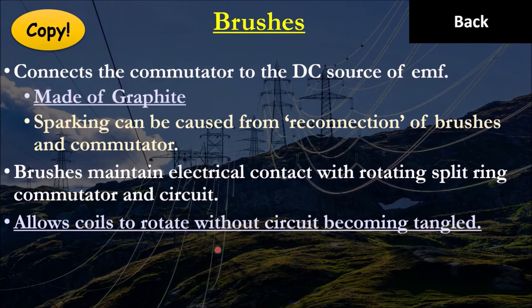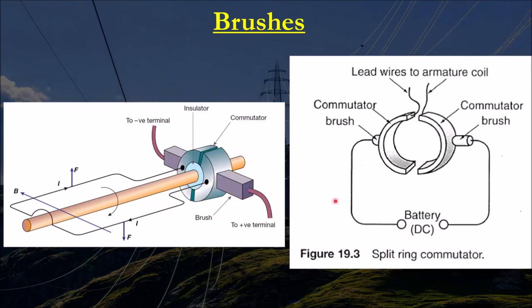And the other point of having brushes is to ensure that our coils don't ever get tangled when rotating. What we mean by cores is the cores that connect to the battery here. If these brushes were rotating with the commutator, eventually these wires on both sides would end up spinning on each other and tangling up.